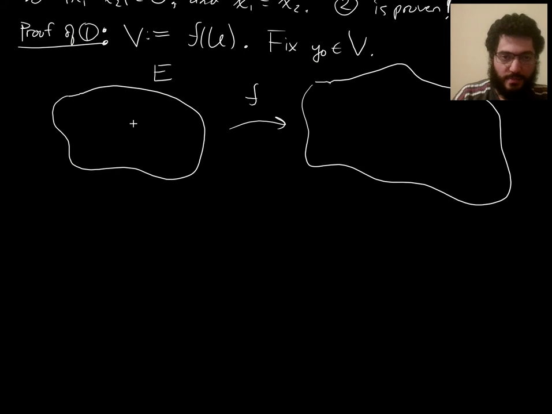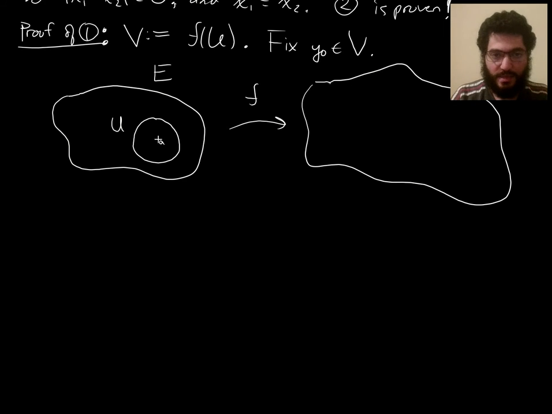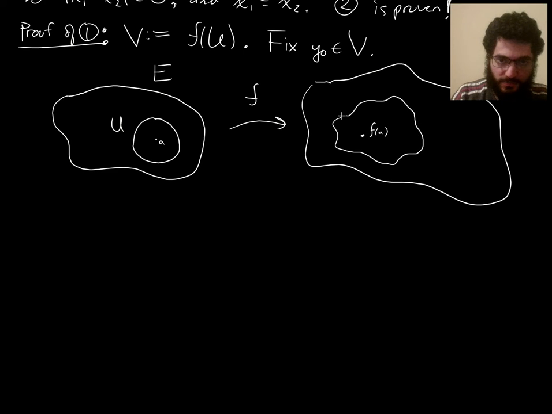There's a set U that actually literally looks like a ball. The center is A. And somewhere over here, there's f of A. And there's a set V, and I don't know what V looks like. It's the image of U. So the definition of V is the image of U.